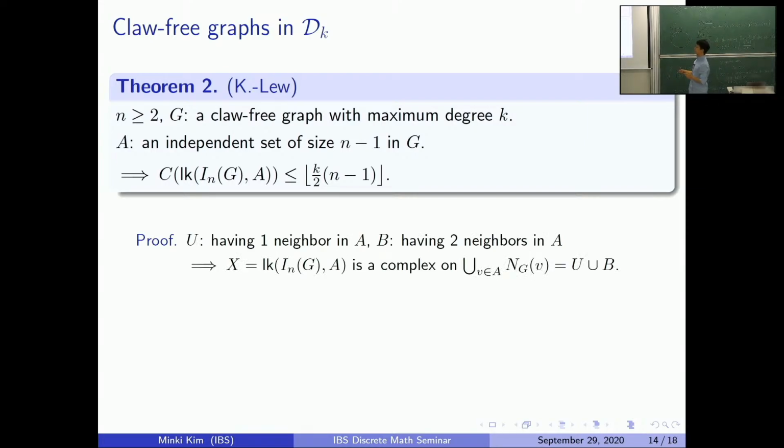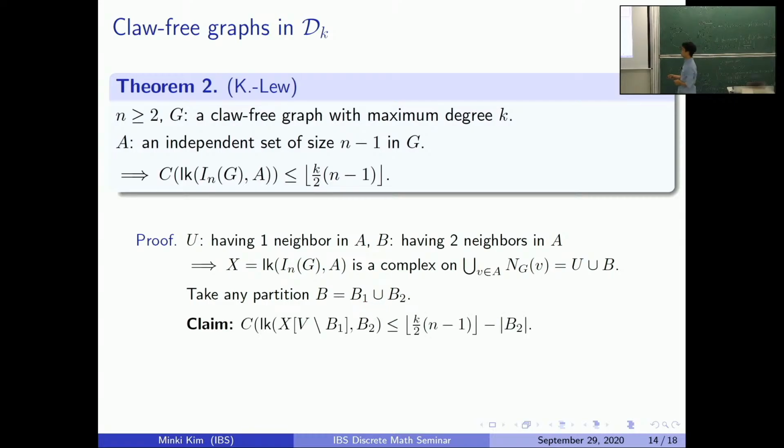This set B will be the set B in this lemma. So now the link complex is a complex on U union B. To apply this lemma C, we take any partition of B into two parts, B1 union B2. Then we will show that the link of B2 in this induced subcomplex is this number minus size of B2 collapsible.